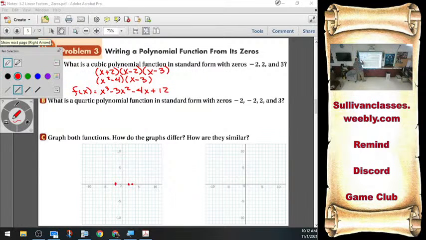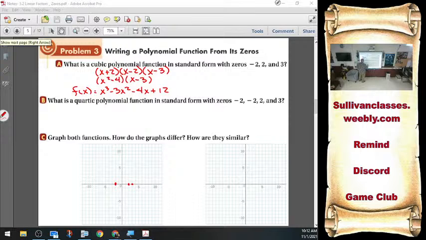And I'm not sure about the extrema on it, but I know it's going to... Something like that. I don't know how far up or down it's going to go.